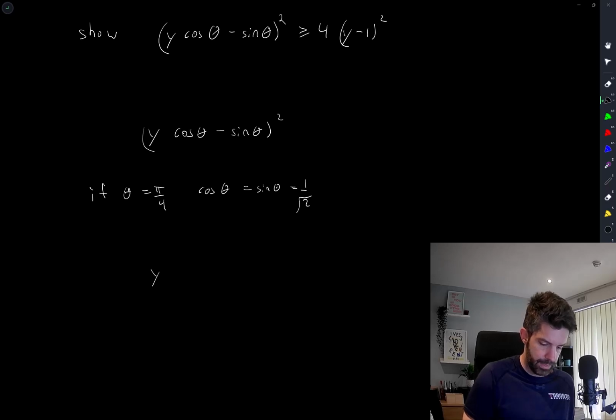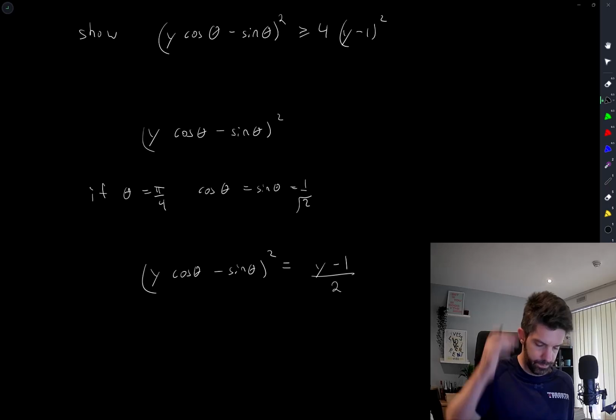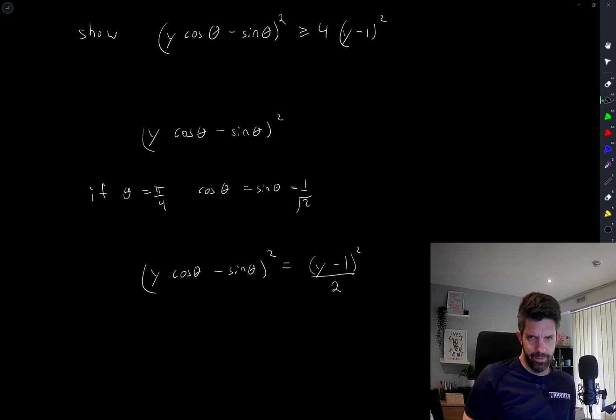So then I have (y cosine theta minus sine theta) squared is equal to (y minus 1 over 2) squared. That's if theta is equal to pi over 4. Kind of looks a little bit like what we're talking about, but not really.